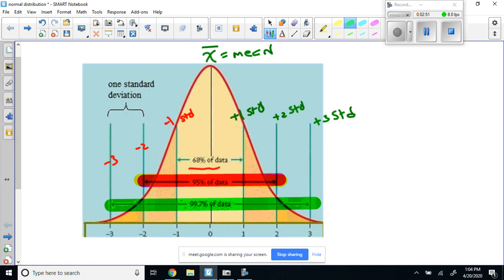So you've got to make sure you understand that within 3 standard deviations plus or minus of your mean, 99.7% of your data is within that. Okay, so that's what the empirical rule does.